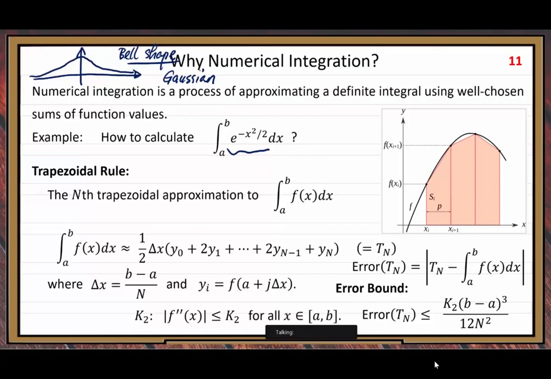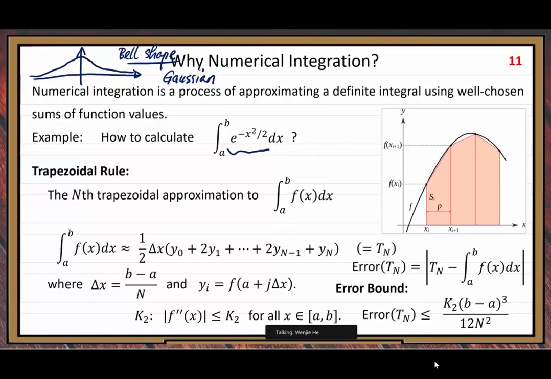The maximum value, you can see we need to choose the maximum value. Another way to say it, the upper bound of the absolute value of f double prime on the given interval. So that should be a certain constant.